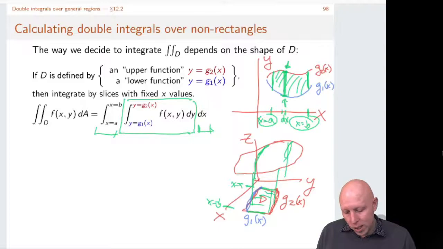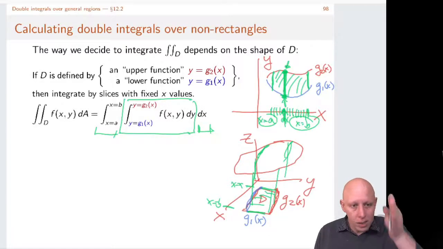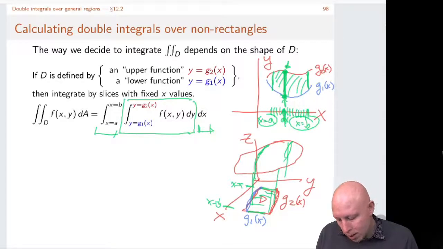You can see here we're slicing with respect to x. The first slices are with respect to x, and for any particular x, we're going to integrate from the lower bound to the upper bound of this vertical slice. So this outer function is telling us that we are slicing the region with respect to x.